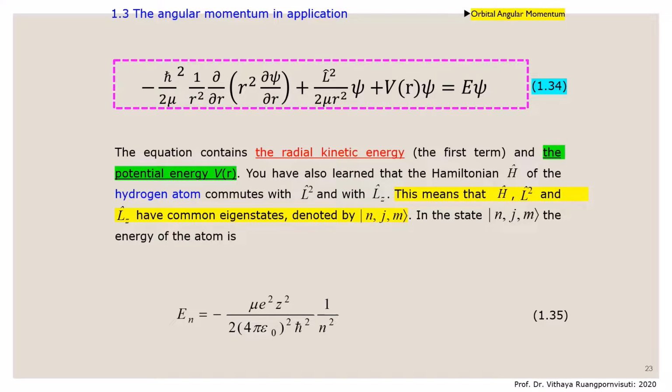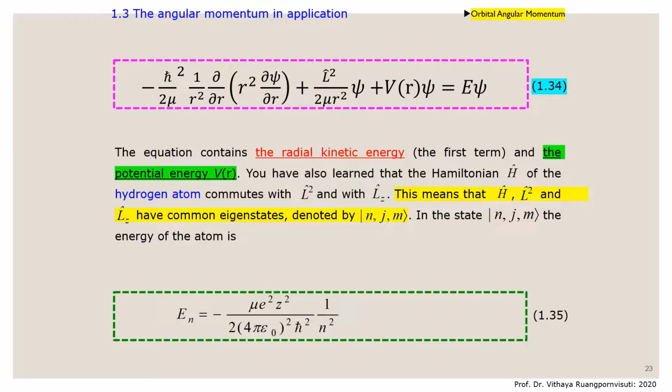For the state n j m, the energy of the atom can be as shown in equation 1.35.